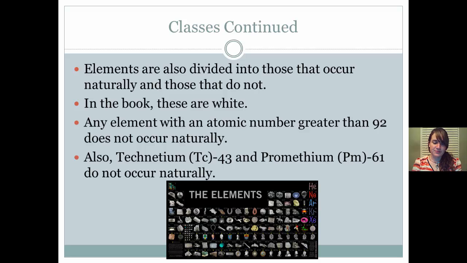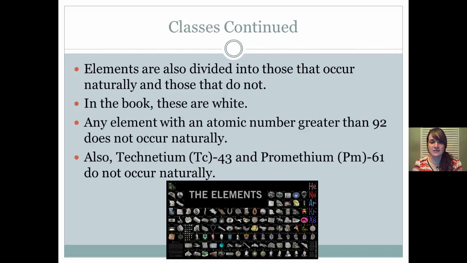Second way is that we can divide elements as to whether they occur naturally or not. If you're looking at the periodic table, those that do not occur naturally, that are man-made, are in white text. Otherwise, if they're in the other colors, they occur naturally.